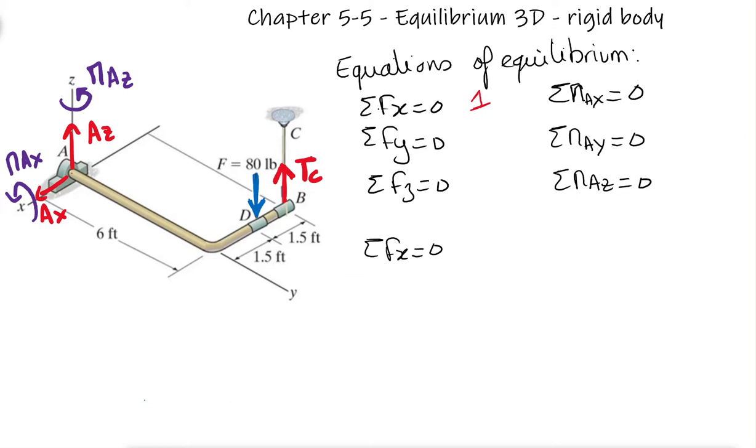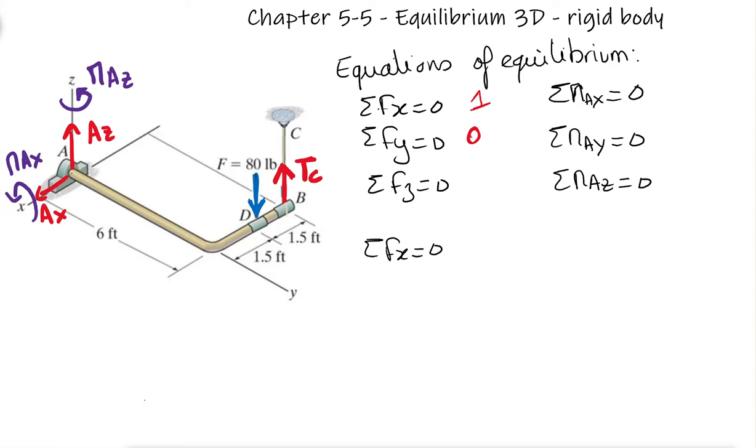So we will do it first. Sum of the forces on Y, how many unknowns do we have? 0. So we will not use this equation. It's not useful. Overall, how many unknowns do we have? 1, 2, 3, 4, 5. We have 5, so we need 5 equations.